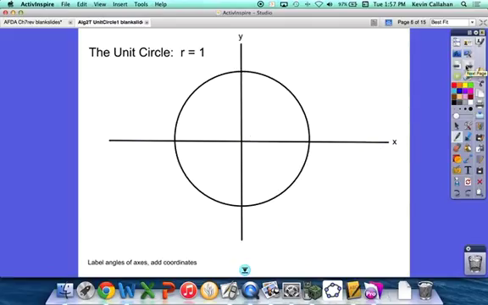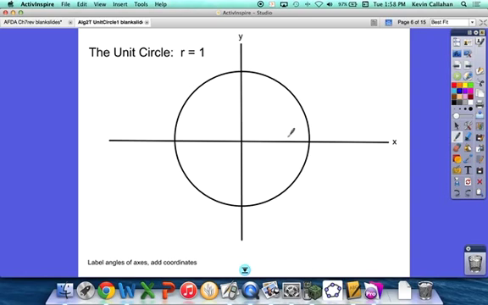Okay, now the unit circle is a circle which has its center at the origin and has a radius of 1. The unit stands for the radius equals 1. Okay, so I can still label all these things, right?